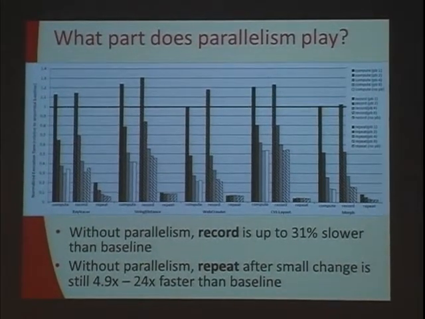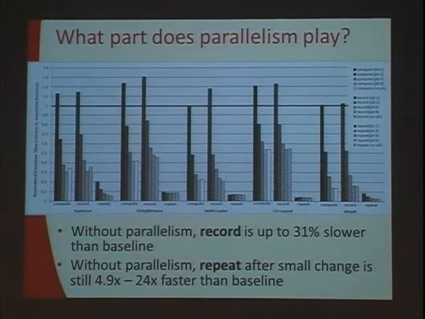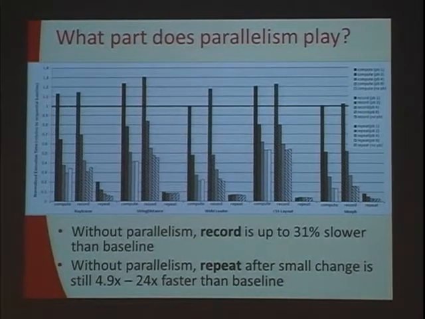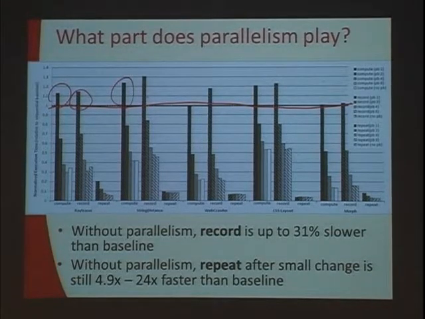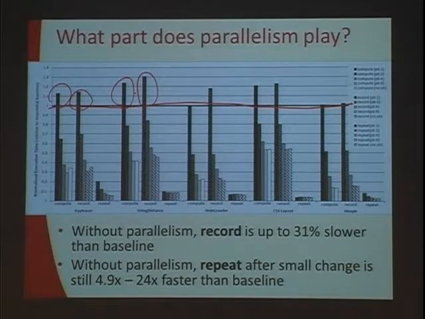The other question we often get asked is, what part does parallelism play? What if we did record without any parallel execution? Here you see the answer. This is the sequential baseline execution, which is 1 here. If we don't use parallelism, then definitely record costs us, about 31% on average. So parallelism is definitely helpful during record to take our overheads down.